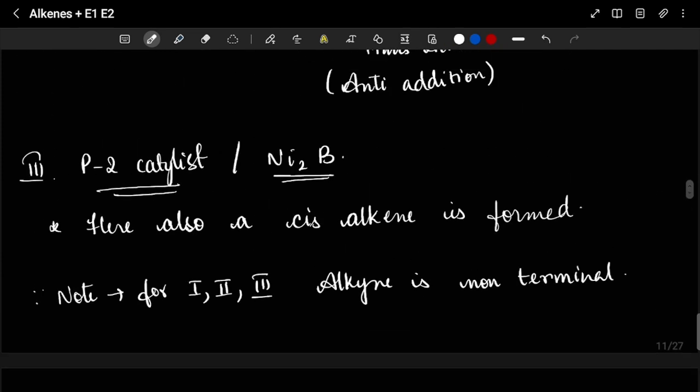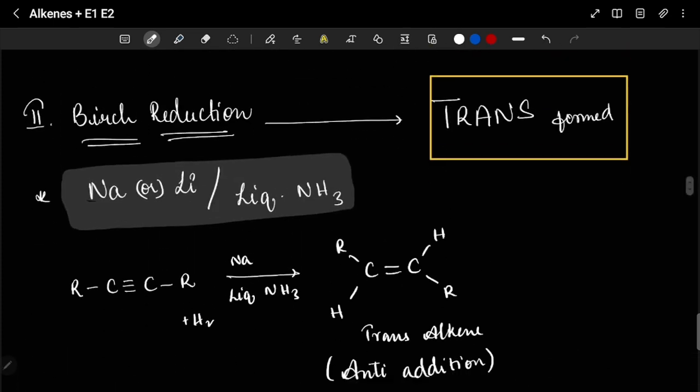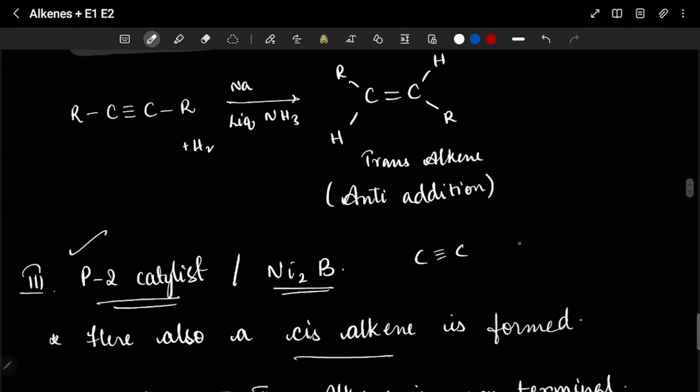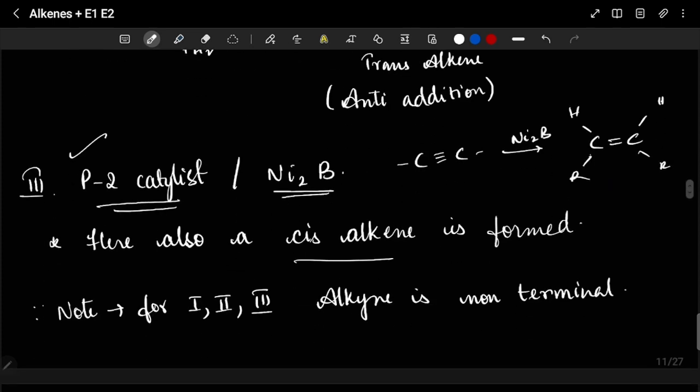in properties. So we have P2 catalyst or Ni2B. Here a cis alkene is formed. Whenever you take an alkyne and react it with Ni2B, which is also called P2 catalyst, a cis alkene is formed.